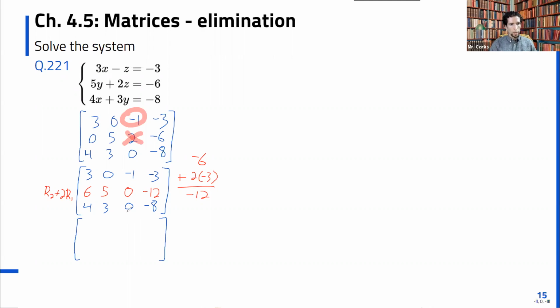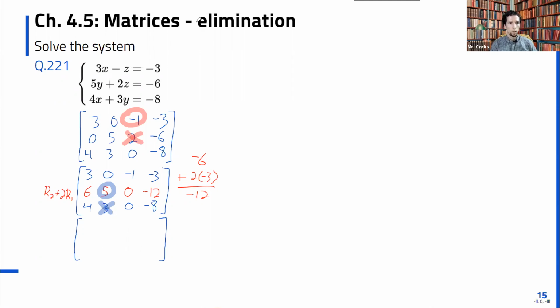Okay, so our next goal then: we have this position, and we're going to eliminate everything below that. We could do the x's, but actually the y's look pretty nice because we've already eliminated something above, so they look a little easier to work with. So we want to eliminate this 3 here.